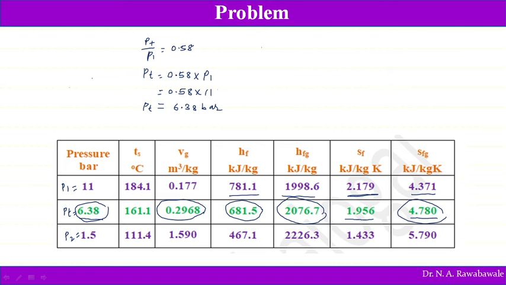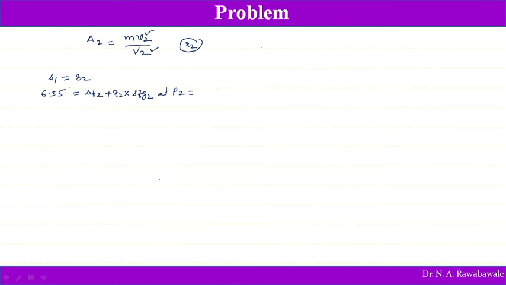P2 pressure is 1.5 bar. So here this is taken at 1.5 bar. So now 6.55 is equal to SF2 at 1.55 bar.